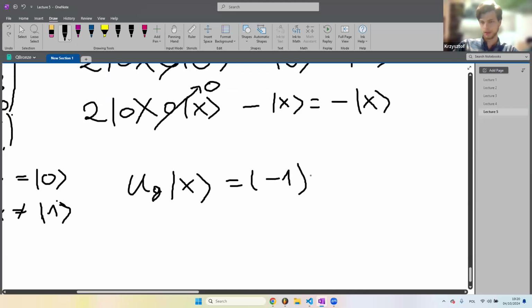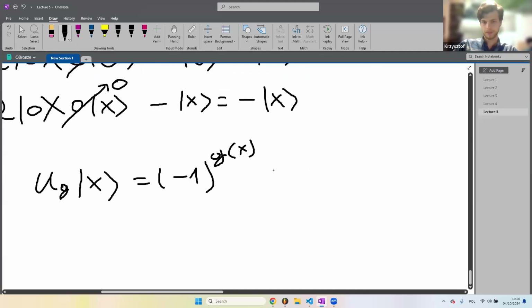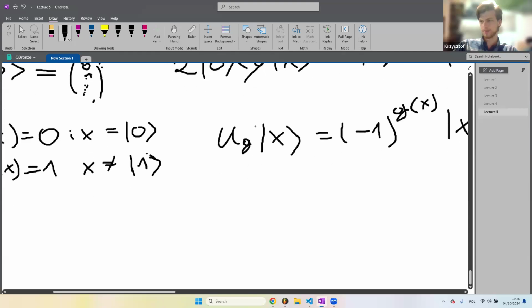This is very similar to the previous example. But now our function g of x is different. And we also have this auxiliary qubit.